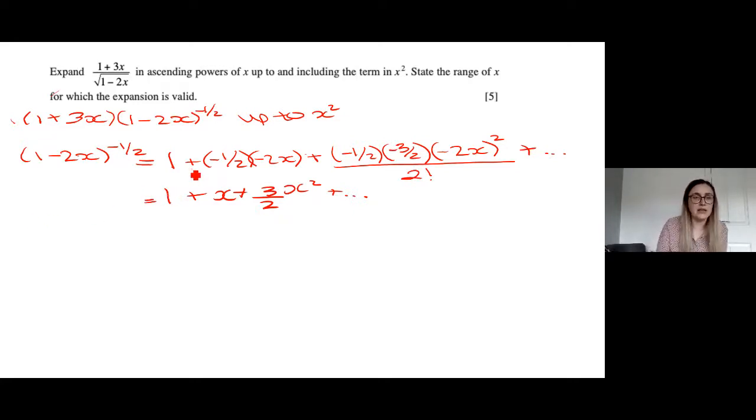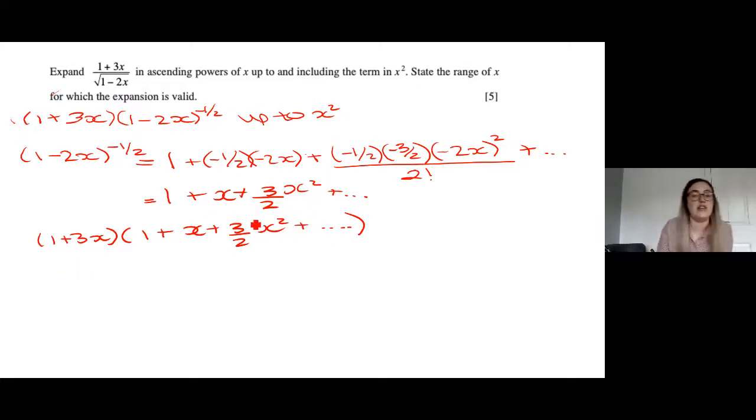Okay, so the next bit, I need to bring in this 1 plus 3x back. So what I'm going to do is do 1 plus 3x times everything I just did in that expansion. So 1 plus 3x, and then I'm going to do times 1 plus x plus 3 over 2 x squared, and whatever that was.